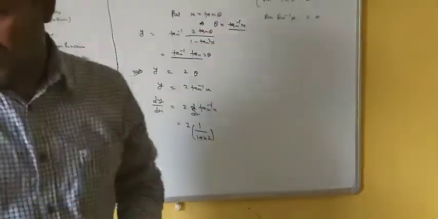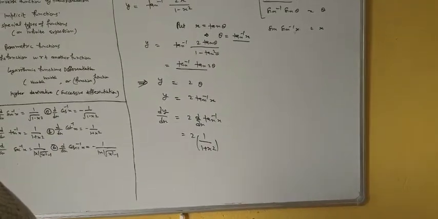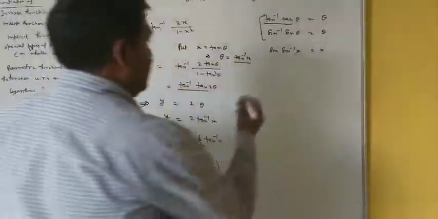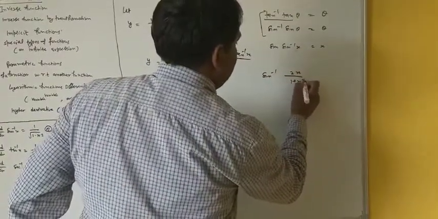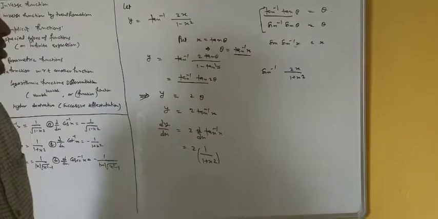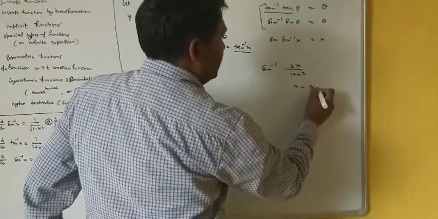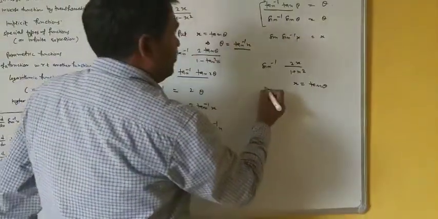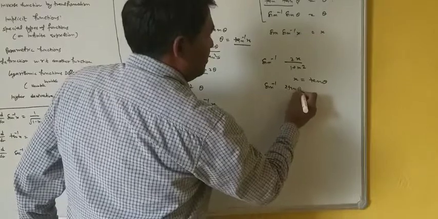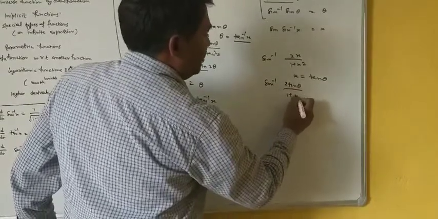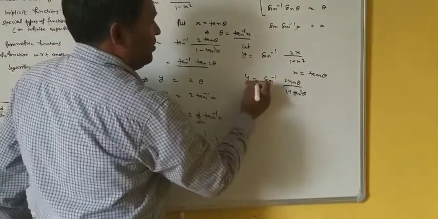For example, some other example like sin inverse of 2x upon 1 plus x square. Now see, what will you put? Again, if you put x equal to tan theta here, then what will you get? Sin inverse of 2 tan theta upon 1 plus tan square theta. Let y be equal to this, so y will become this.